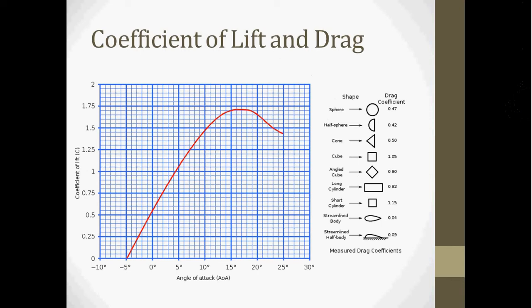Since the angle of attack of our plane is 15 degrees, we'll take the coefficient of lift as 1.7. And for the coefficient of drag, the one on the bottom is the most similar to the shape of the wing of our plane. So the coefficient of drag for our plane is 0.09.